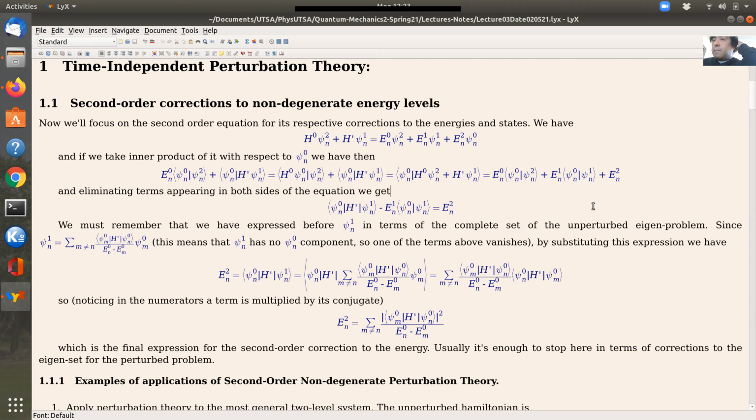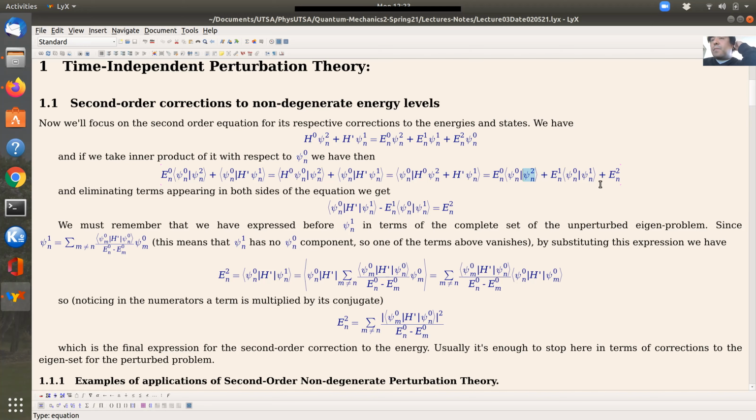This is related to the first order correction, and this is related to the second order correction to the wave function. Now, some terms might be eliminated, and that's what's interesting.